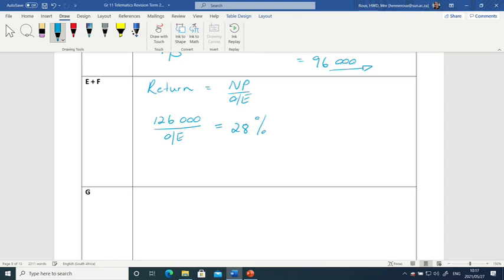So exactly the same as the previous one, we actually just swap those 2. So we know that the owner's equity equals 126,000 divided by 28%. And that will give us 450,000. So there is our total owner's equity.